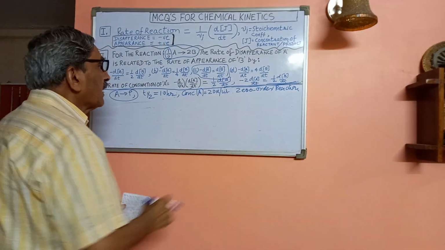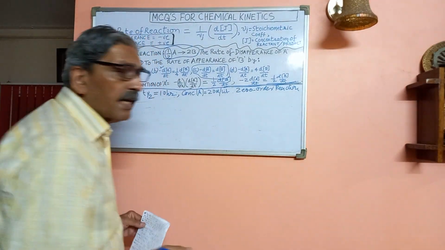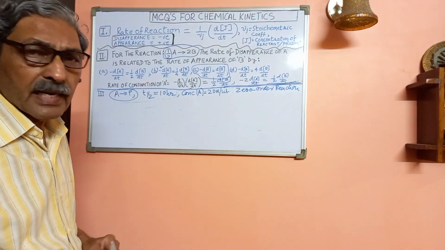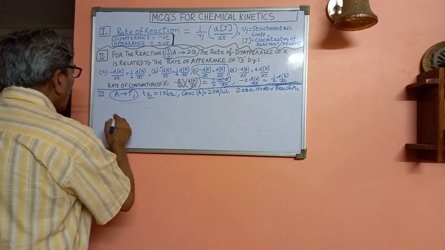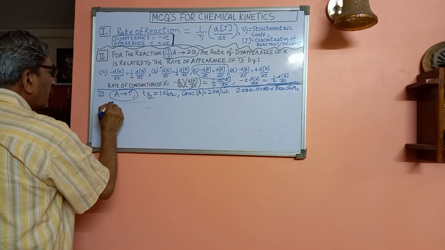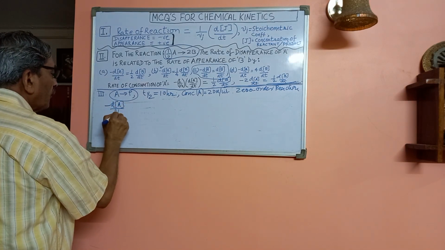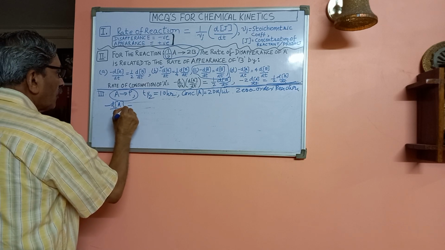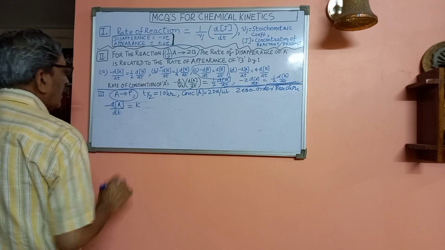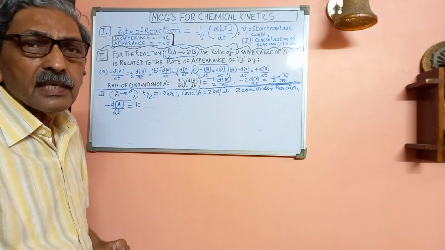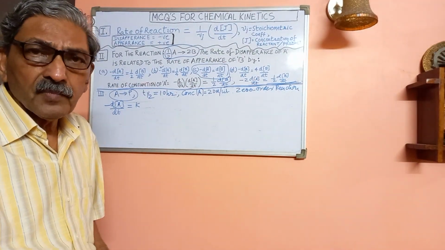So we can therefore write a rate equation for a zero order reaction in the following manner: minus dA upon dt should be equal to some K, which is basically a constant.